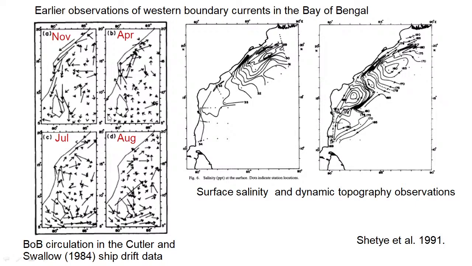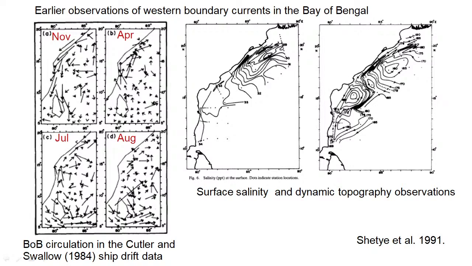You can see that the data is very sparse, and there were some observations of salinity also from cruise data and other observations. That also suggests a pattern of equatorward flow of this low saline water, which is what you see in the middle panel.